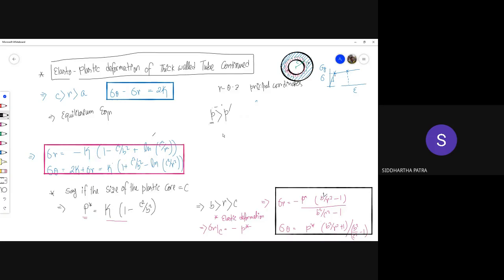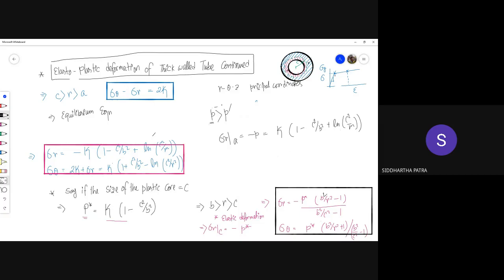Sigma r at A must be minus P, which when equated to the expression of sigma r from the plastic zone and substituting A in place of R, this is what we get.